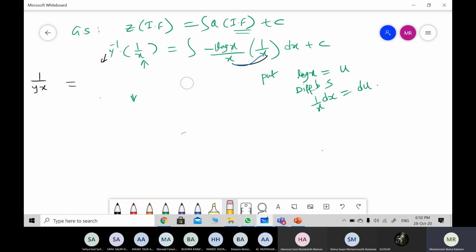Don't change this, better write the same copy. And that will be helpful. How helpful? You see, this x is here.